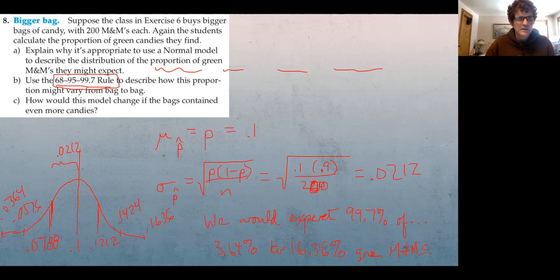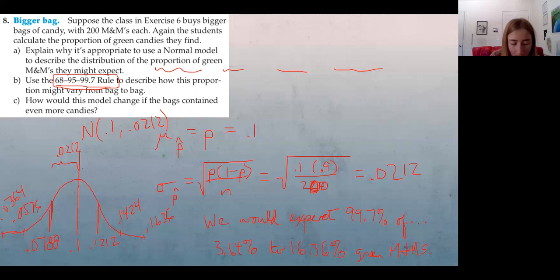And then how would this model change if the bags contained even more candy? What do you guys think? Would the values keep getting closer to the mean?